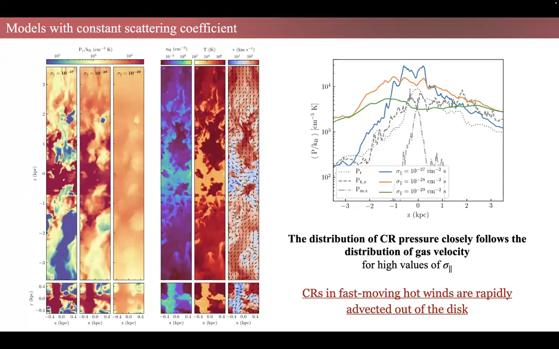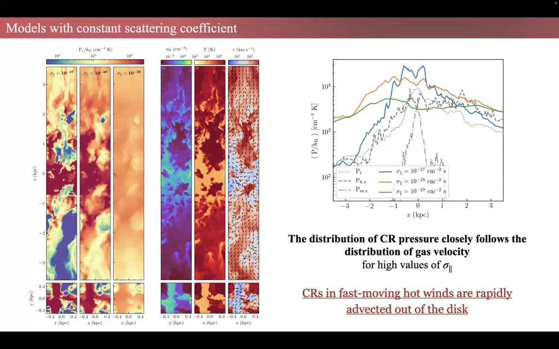10 to the minus 27, 10 to the minus 28, and 10 to the minus 29 seconds per centimeter squared. And you can see that the distribution of cosmic ray pressure becomes smoother as we move from left to right, as the scattering coefficient decreases, because diffusion becomes more and more important.